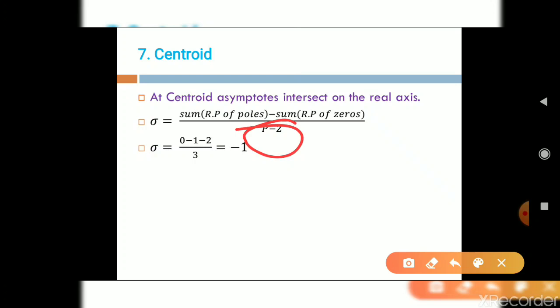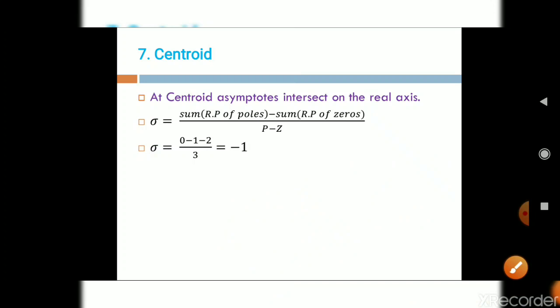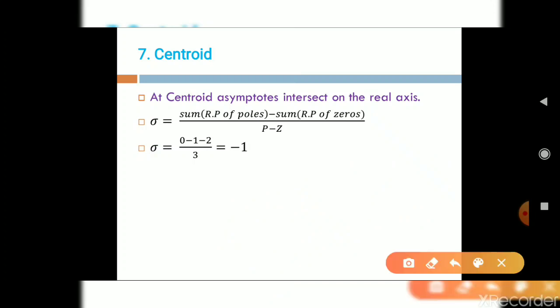In this numerical I have poles p = 3 and zeros are 0. So p - z is 3, and the denominator will be 3. For the numerator, the sum of real parts of poles: the first pole S1 is 0, the second pole S2 is -1 and S3 is -2.